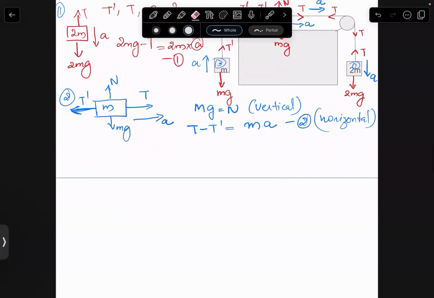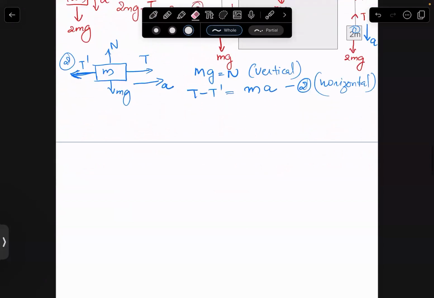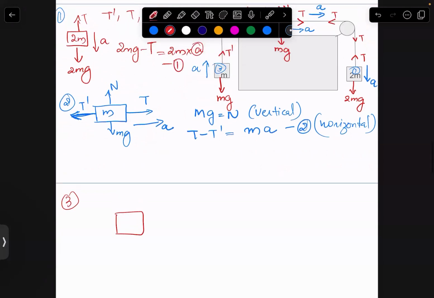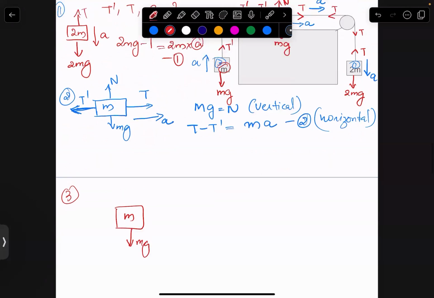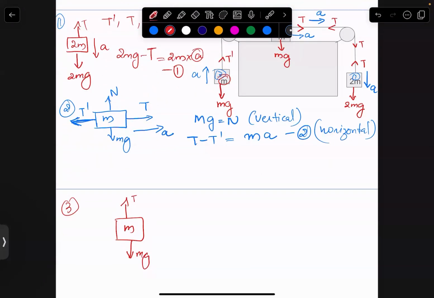So from the second free body diagram, we have T minus T dash equal to M times A. The third free body diagram we are drawing is going to be this one. So mg is there and T dash is acting upwards.